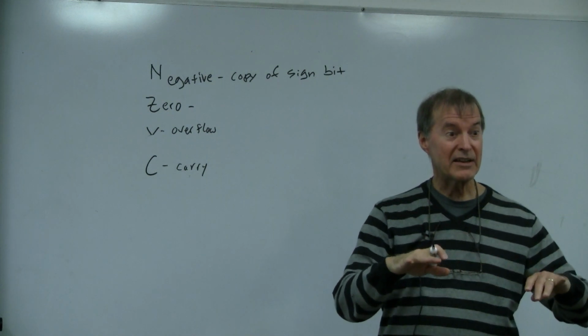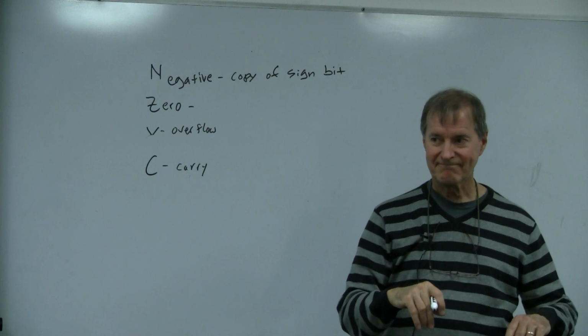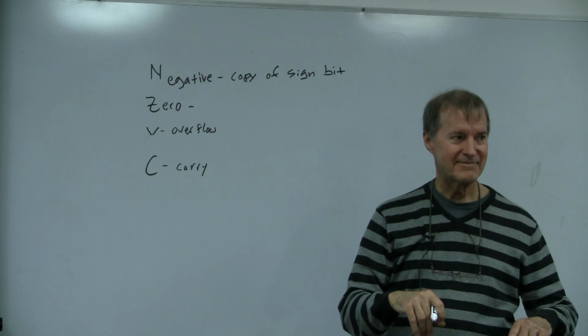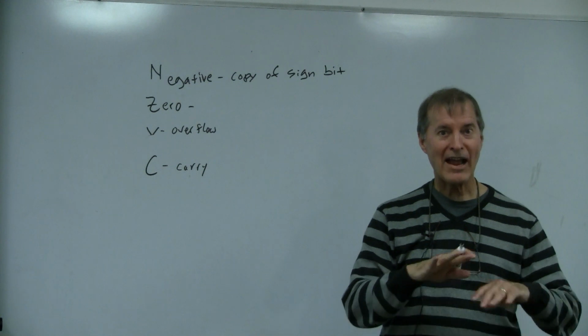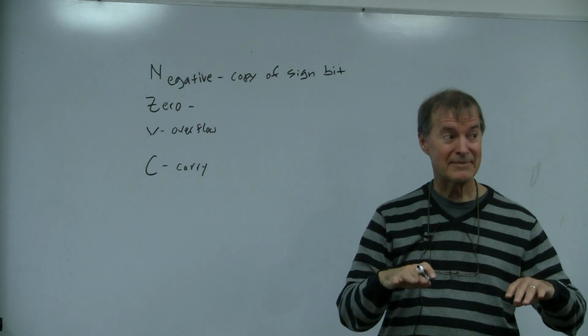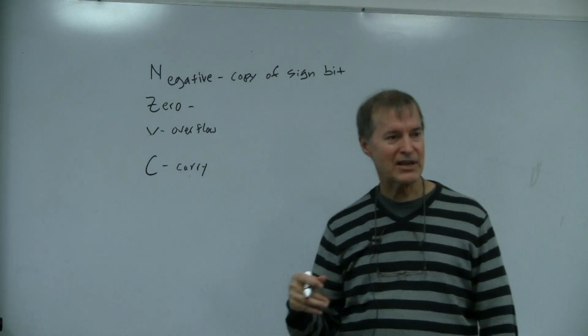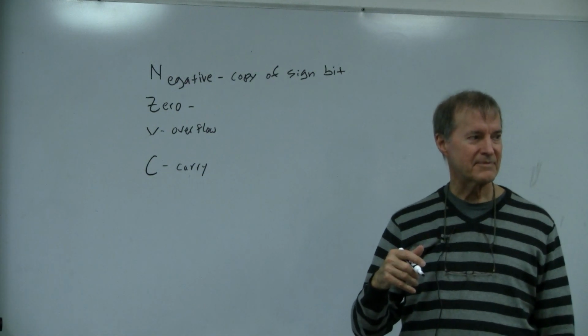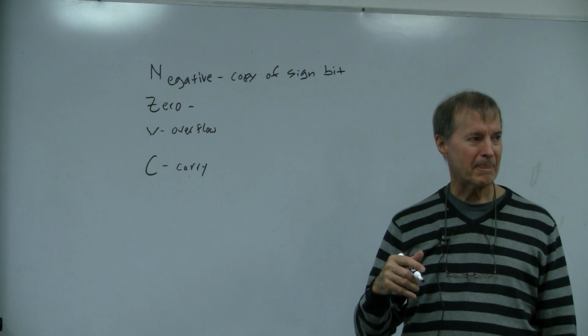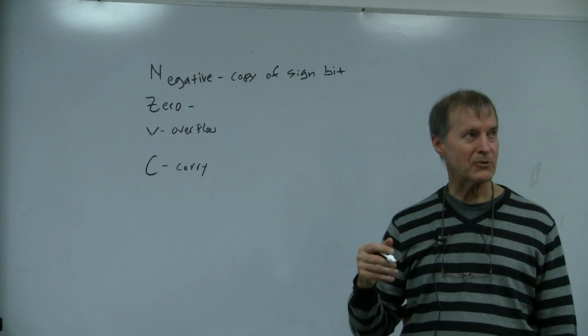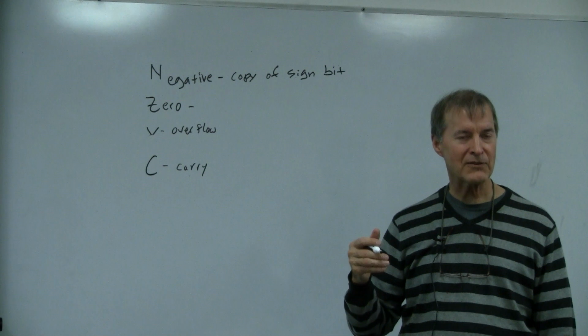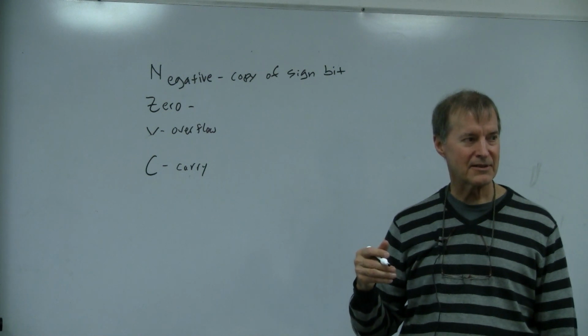All how many? All how many are 0? If we did an add, suppose we did add accumulator, how would we determine if Z was 0 or 1?